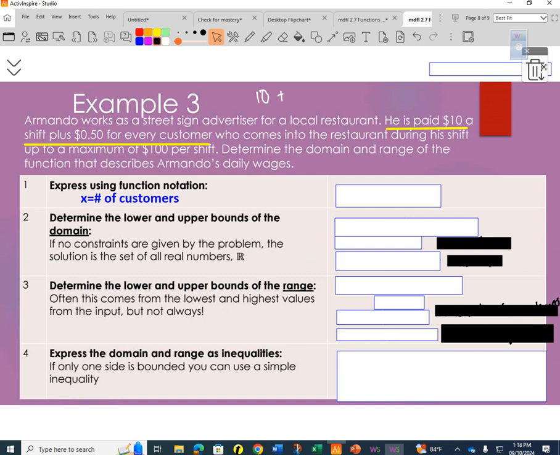Well, X is the number of customers, right? So we would say plus 0.50 times the number of customers. That's how much Armando would make, depending on the number of customers he has. So we write that in function form, since we defined X as the number of customers, our function is going to be f of X equals 10 plus 0.50X.